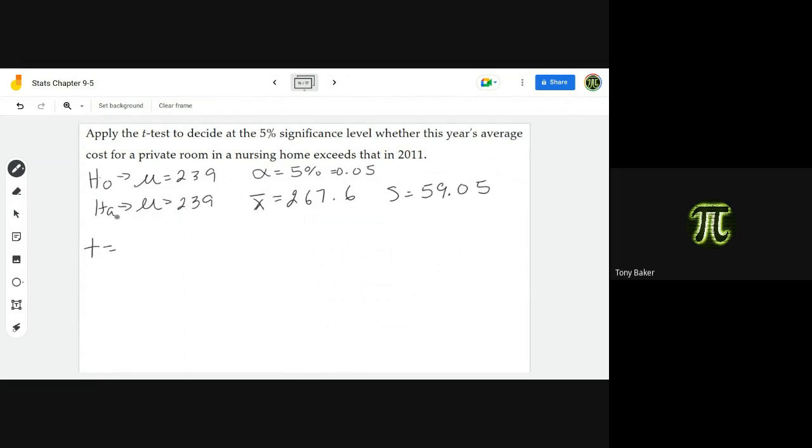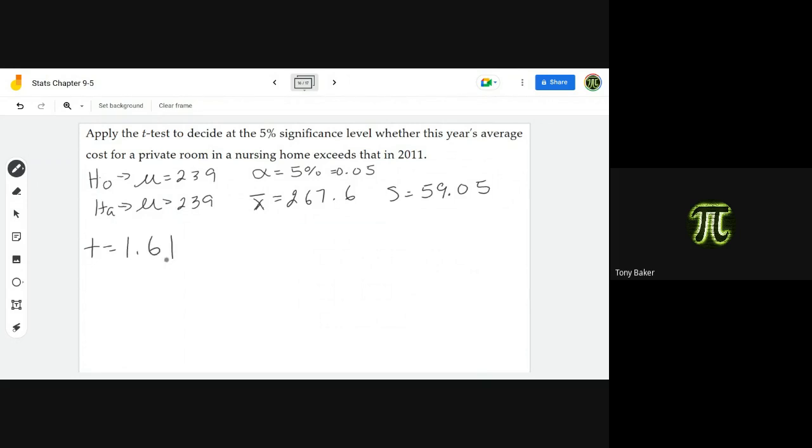So 267.6 minus, what's the mean? 239. What was the sample? Was it 10 or was it 11? We got 1.61.